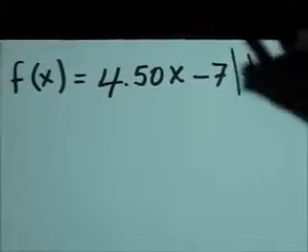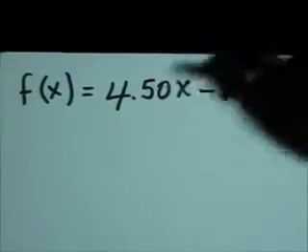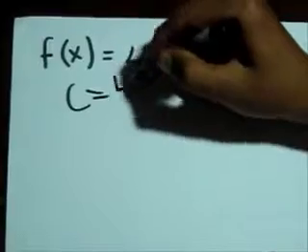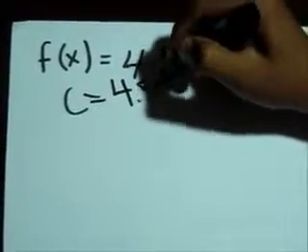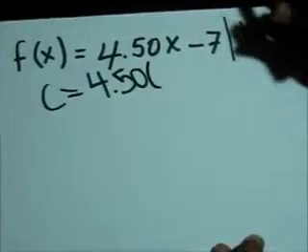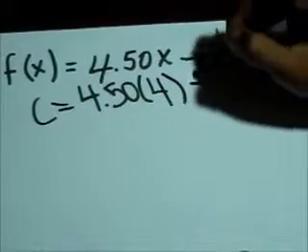So we know that our x value must be replaced by 4, so the cost is equal to $4.50 times the containers of juice, that is 4, minus 7.